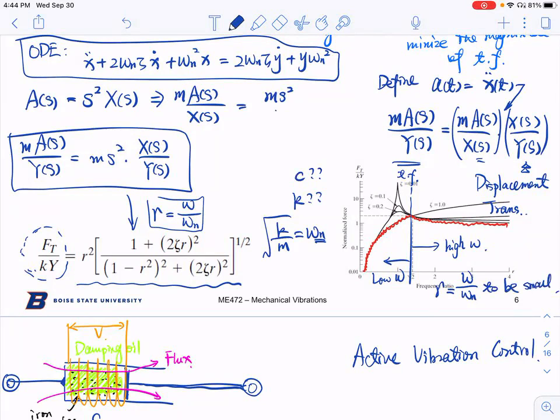Once your R is small, then you always work on this left area. This area usually has a lower magnitude compared to the high frequency. So you actually want a low R value. If your omega is fixed, then you want your omega n to be large. So if you have a constant m, that means you want your K to be as stiff as possible.